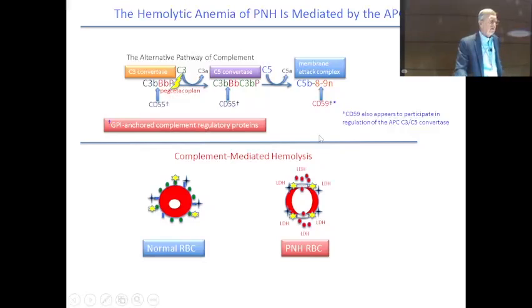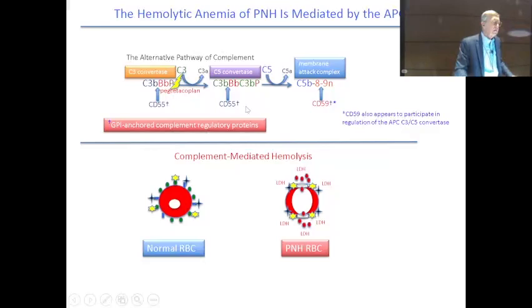And so this illustrates how the complement system is involved in PNH. And it's the alternative pathway. There are three different complement pathways: the classical pathway, the lectin pathway, and the alternative pathway. And it's the alternative pathway of complement that mediates the hemolysis of PNH.